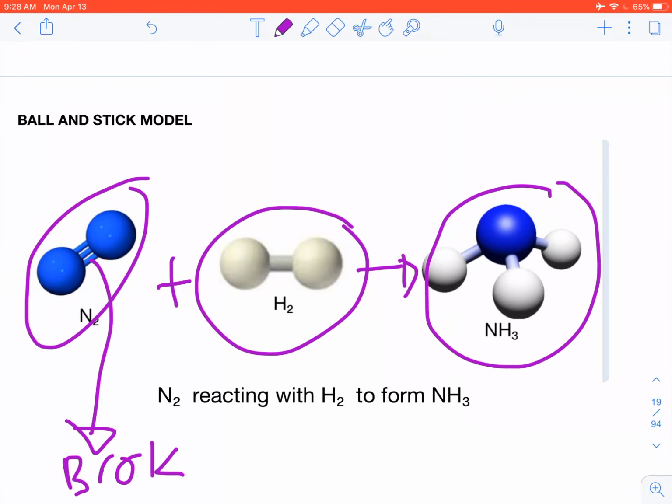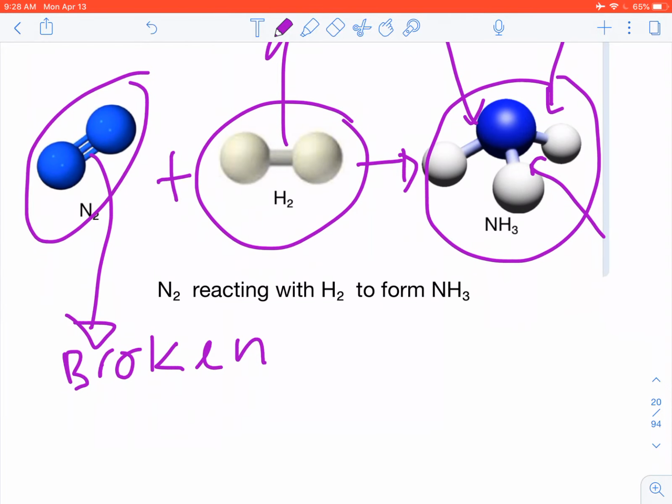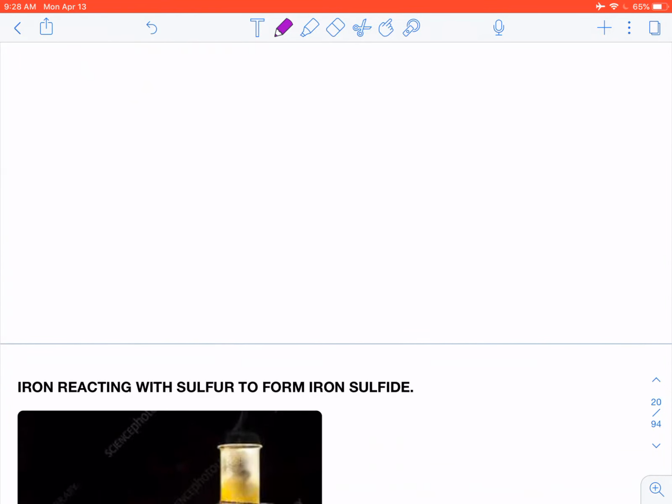Bonds broken. Even there it's broken, and then it forms. So when bonds are forming, it releases energy, and if the net result of the reactants and the products is that energy is released, the reaction is exothermic. If the net result is that energy is absorbed by the reacting system, then it's an endothermic reaction.